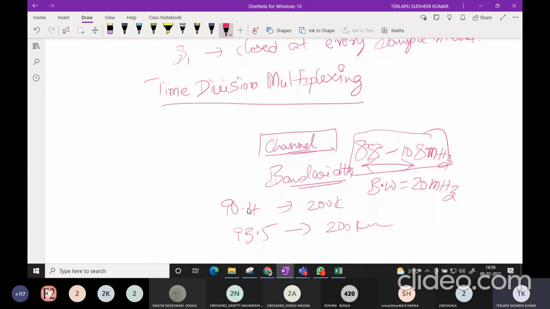And I am saying that each channel will take 20 kilohertz bandwidth. If that is the case, between 88 to 108, how many channels can be transmitted at a time? Each channel 20 kilohertz, total available spectrum is 20 megahertz. I want the number of channels. How much?